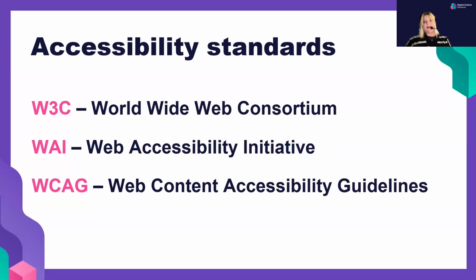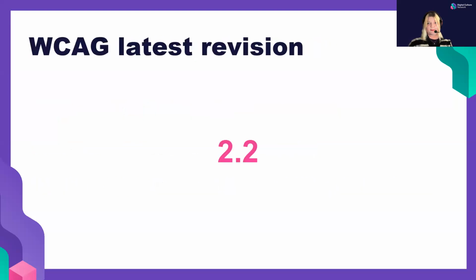And the WCAG, or Web Content Accessibility Guidelines, they're an internationally recognized standard for accessibility across the globe. The Web Content Accessibility Guidelines were first published in 1999, and the latest revision is 2.2.